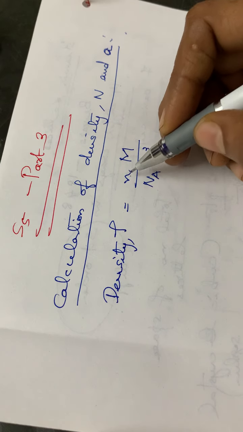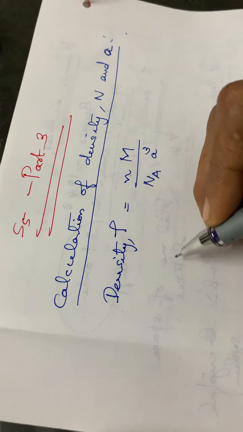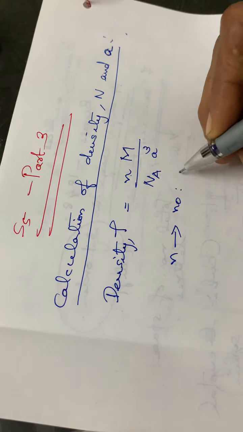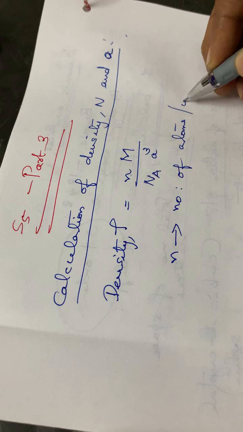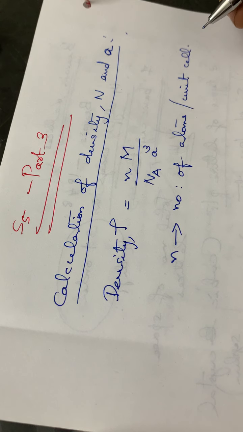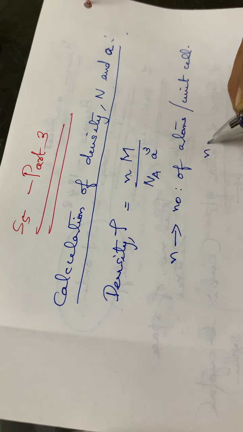Small n into capital M divided by N_A into a cube, where small letter n denotes the number of atoms per unit cell. We have seen the number of atoms per unit cell: in a simple cubic lattice or a simple primitive lattice, n is equal to 1.